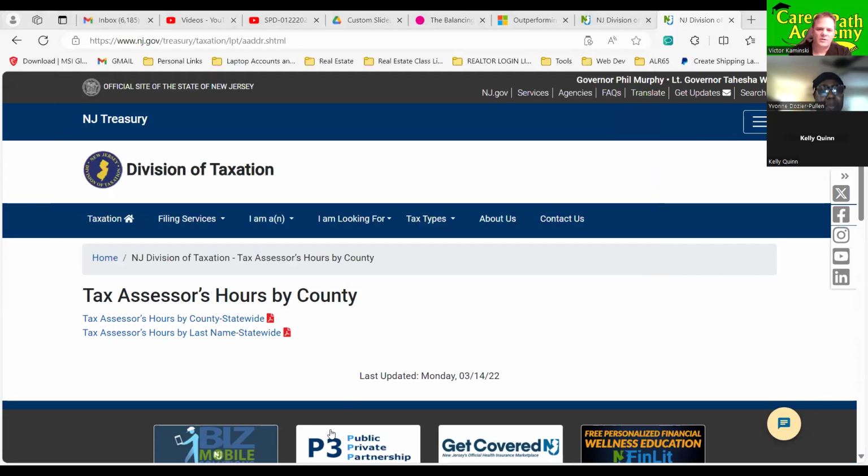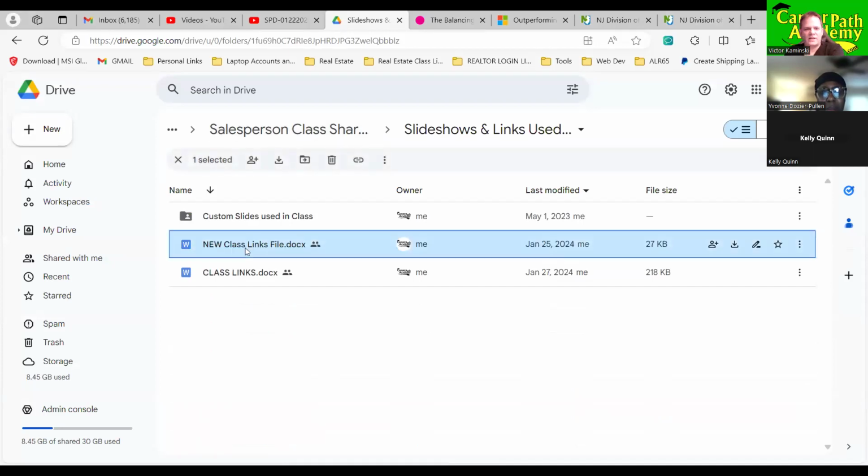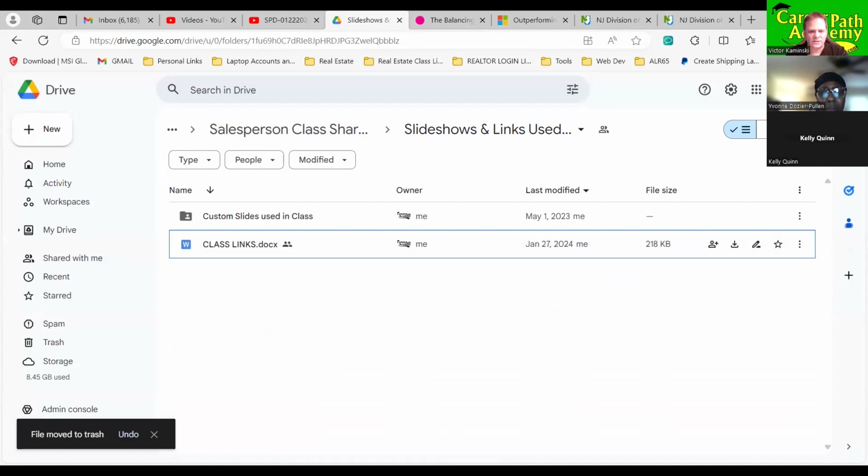Okay. But this Word document will be in the shared Google Drive here. Let me just make sure it's there right now. If we go there, you see I got it in there now. Let me just delete it from there and I'll update it with the latest and greatest one that's on our desktop right now that I've been updating. Let me go there. So many windows open. Where is that?